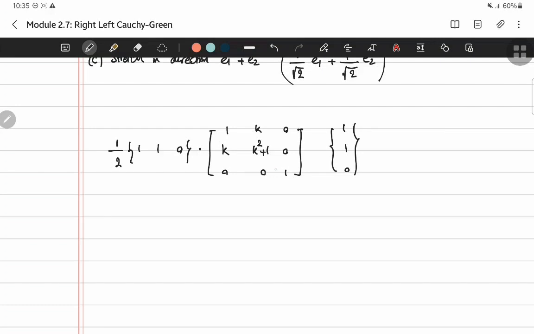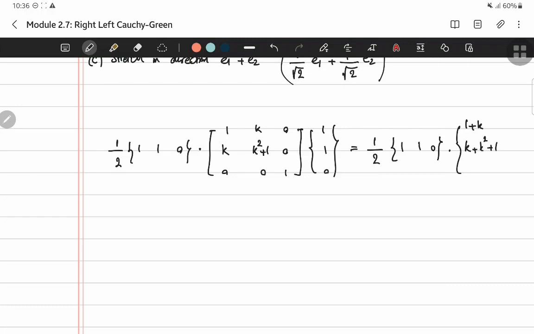So I put this in here, and the square root vanishes. So I get something like 1 divided by 2, 1, 1, 0 dot, and I get 1 plus k, then I have k plus k squared plus 1, then I get 0.